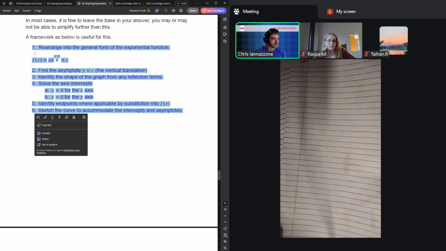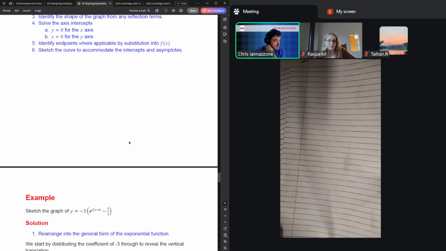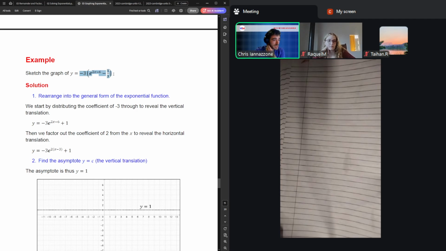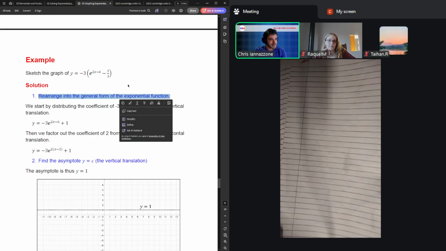Here are the steps you follow, roughly speaking, for when you're sketching exponentials. I'll start with a nice and messy one, just so you can see how each of the terms will play a role in what's going on. It's good practice to start any sketching by rearranging into the general form of whatever the function is that you have, or in other words, just making sure you can clearly see what all the key transformations that matter are.